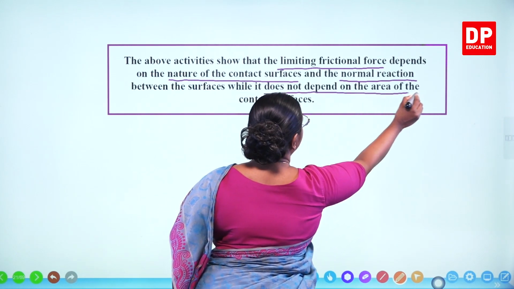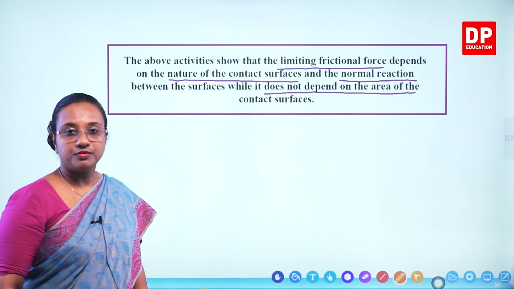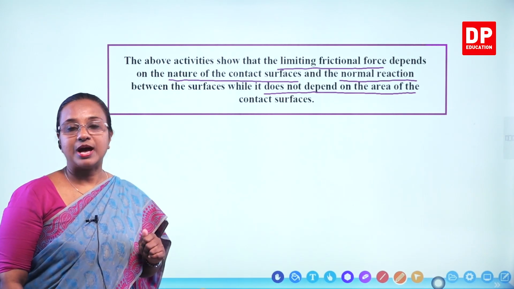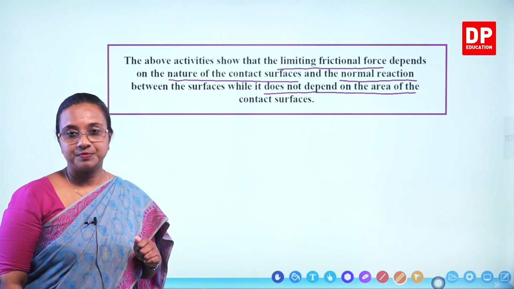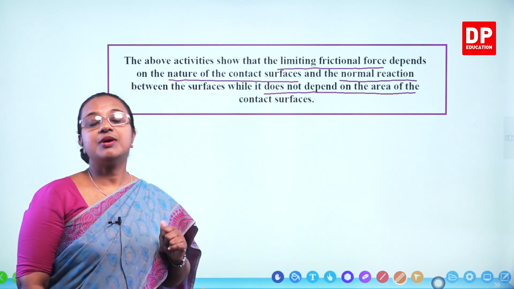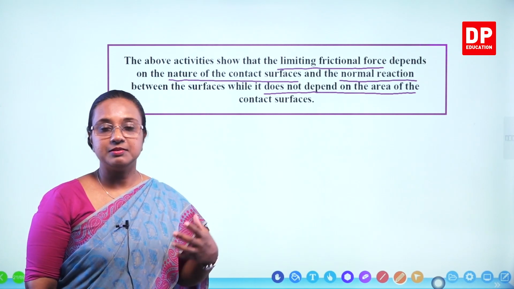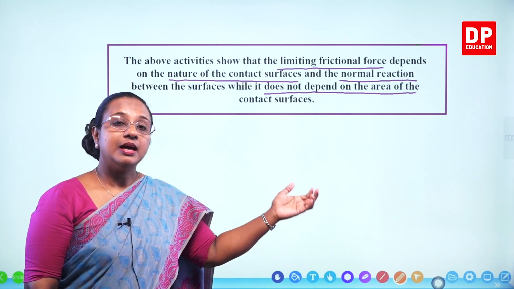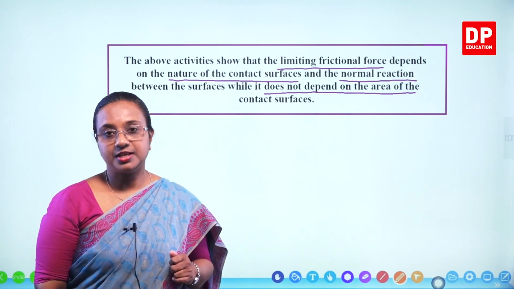So this is what you have to remember. So now that you have a good understanding about friction, let us discuss the applications of friction.